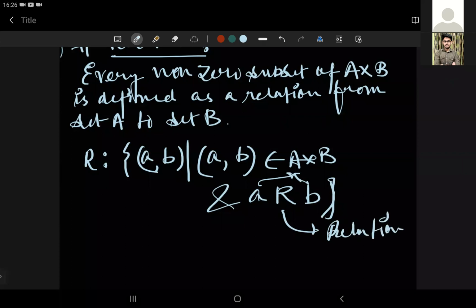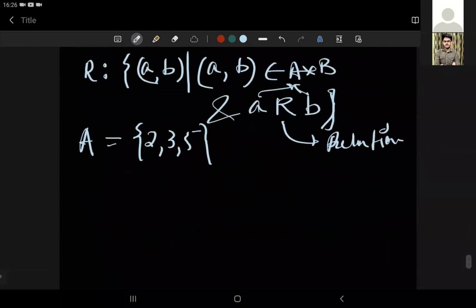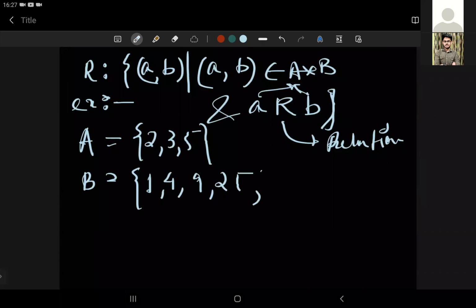Let's say we have a set A, which is 2, 3, and 5. And I'm defining another set B, which is 1, 4, 9, 25, 30.